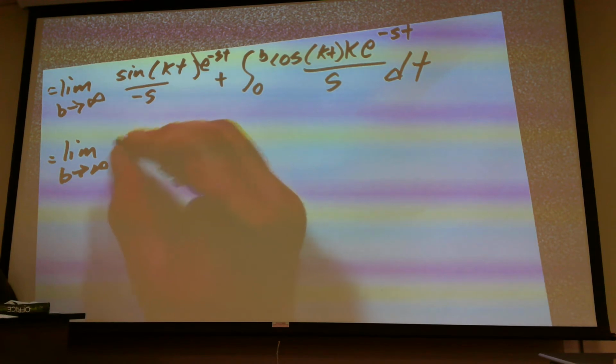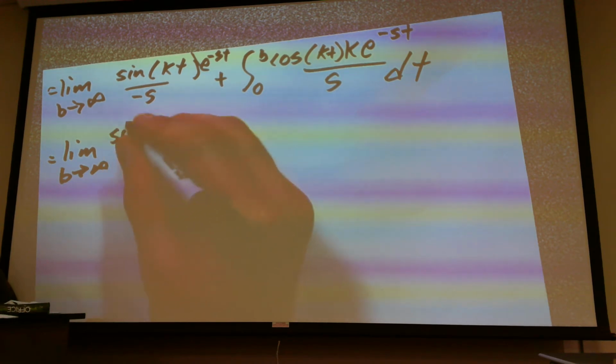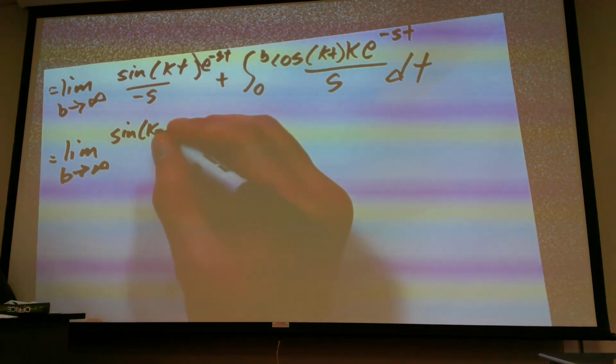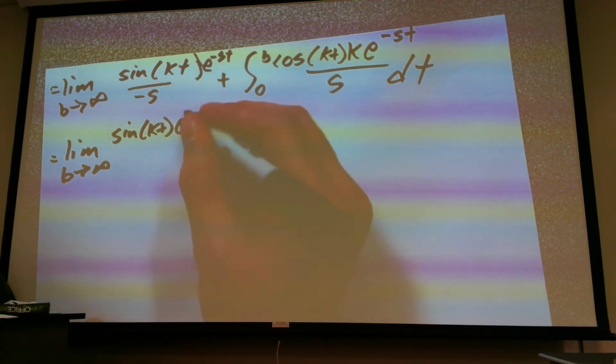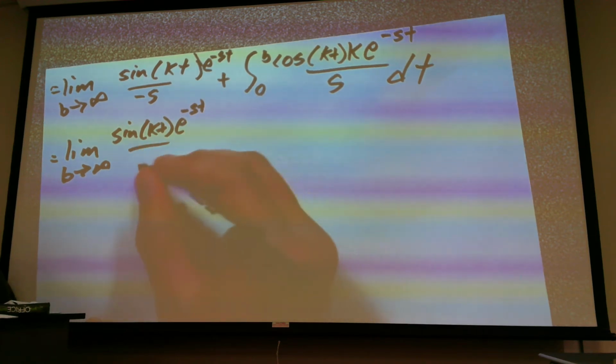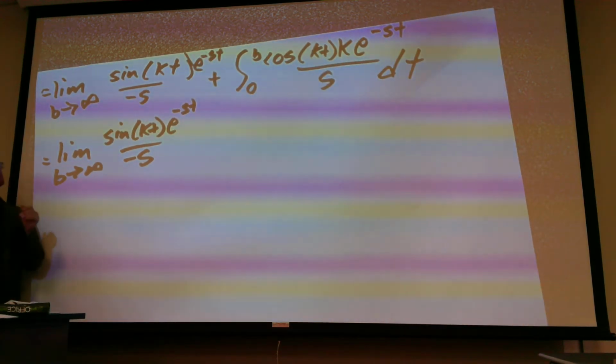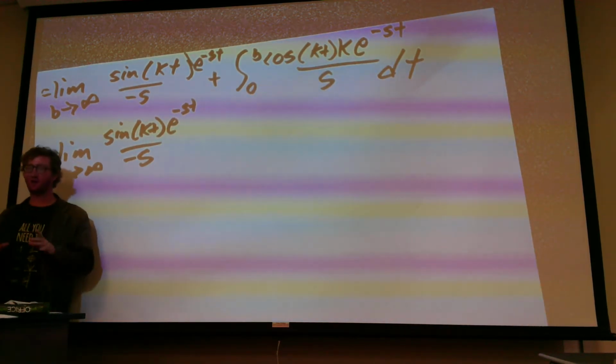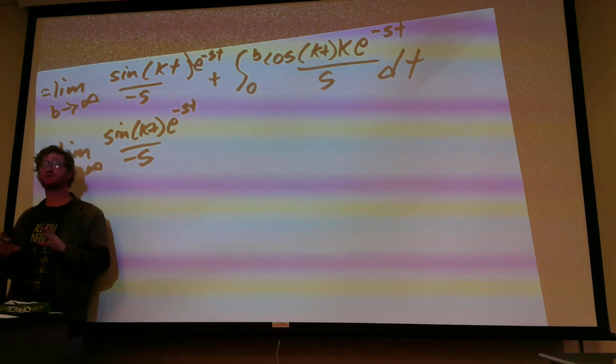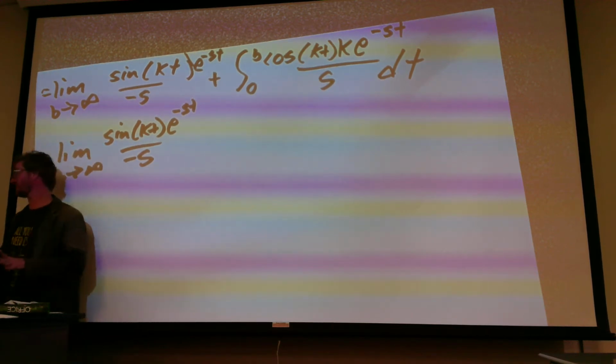Okay. So this would be sine of kt, now e to the minus st, divided by negative s, okay? And I'm going to integrate e again. So this is a part where it's really important that you pay attention to all of the signs, okay?